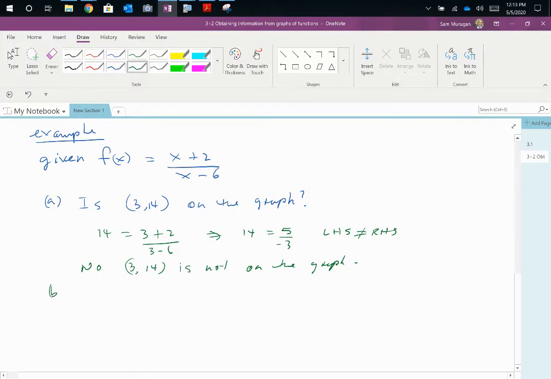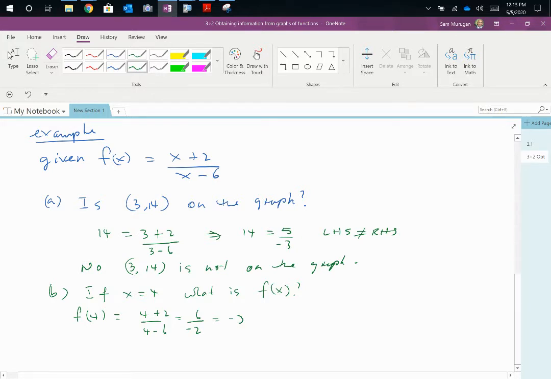Part B, if x is equal to 4, what is f(x)? So f(4) is 4 plus 2 over 4 minus 6, which is 6 over -2, which is -3.